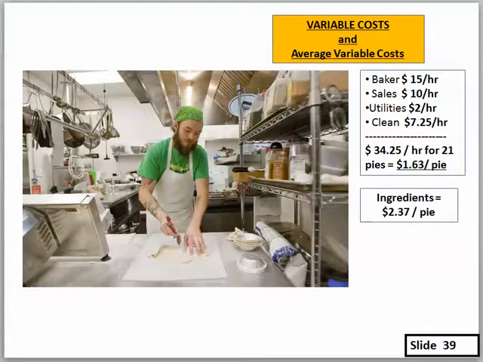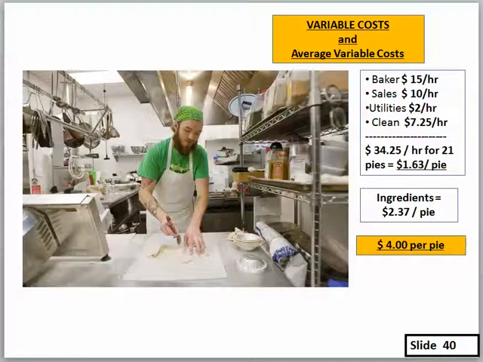Let's talk about ingredients. The flour and the sugar and those things that can be measured directly per pie, we're going to say is going to come to another $2.37. So our variable cost per pie ends up being $4 per pie.